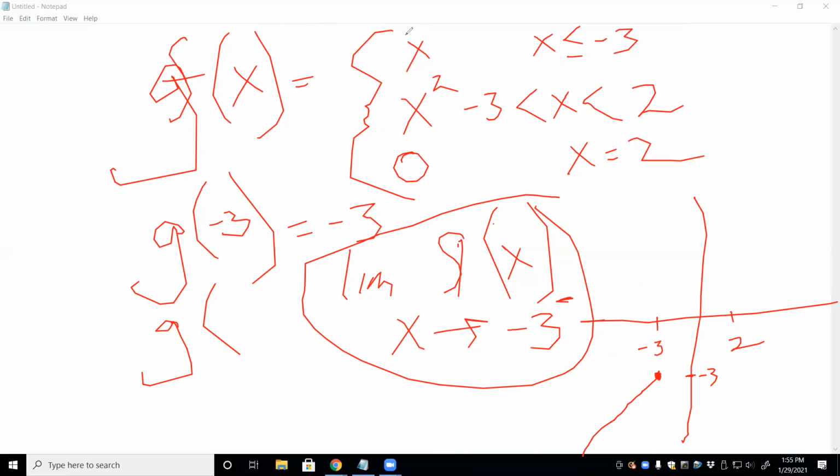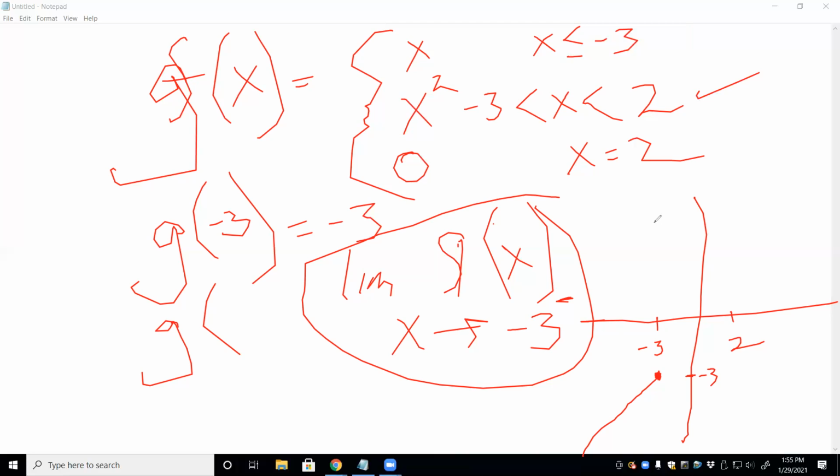You with me? I'm with you. Okay, and now let's graph it between -3 and 2, just for the heck of it. Well, if I use this one and I said, what is g of -2.99999? I could approximate -3, and that's 9.